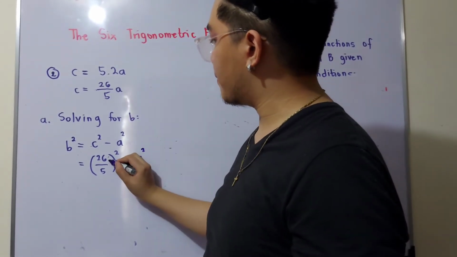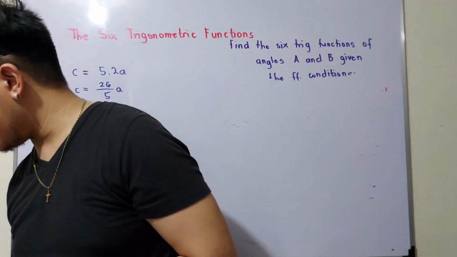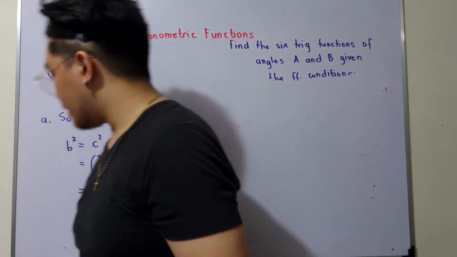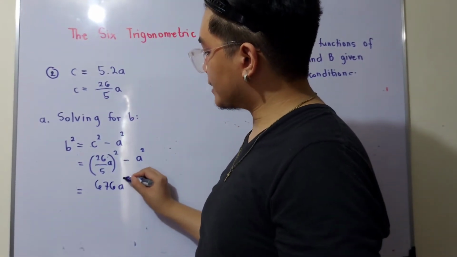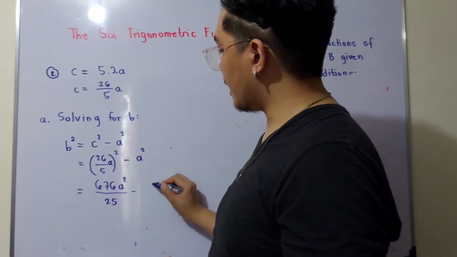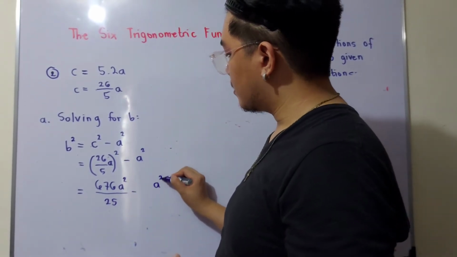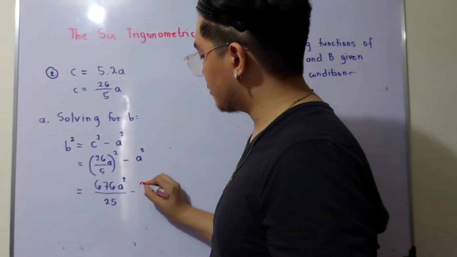Oh, may A pa. Okay, 26 squared, that is 676. A squared over 25 minus A squared.